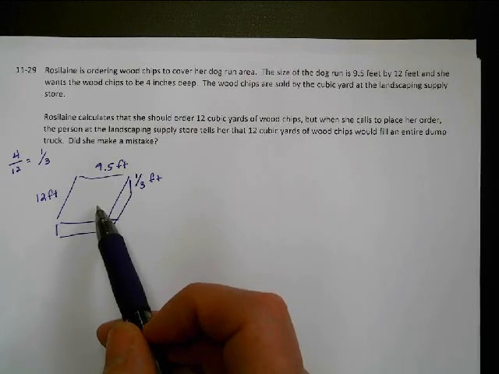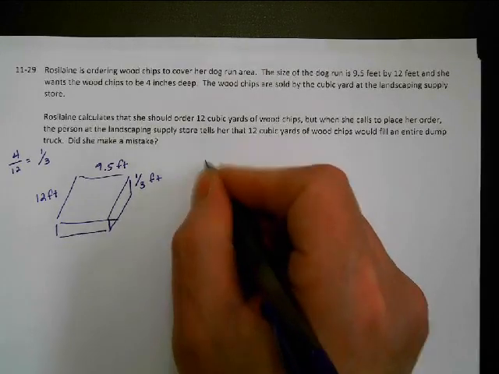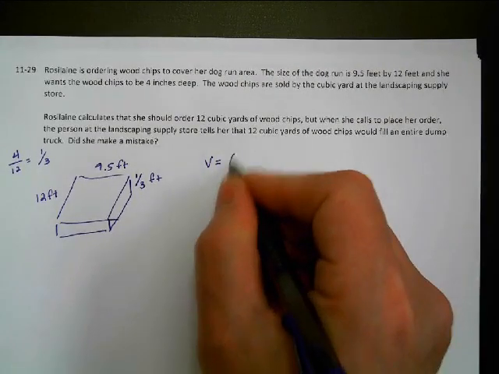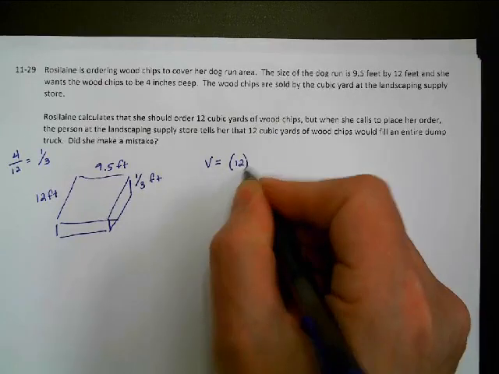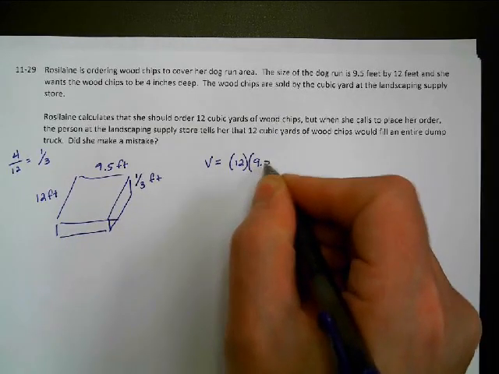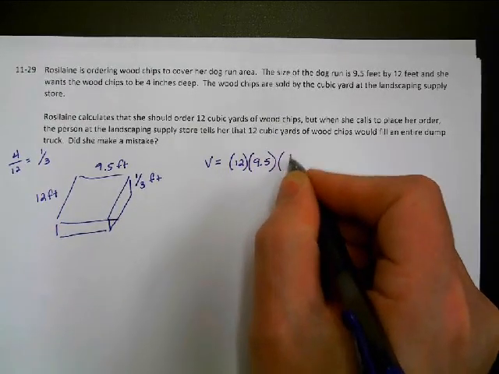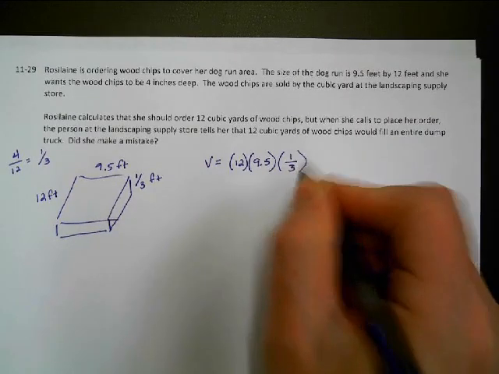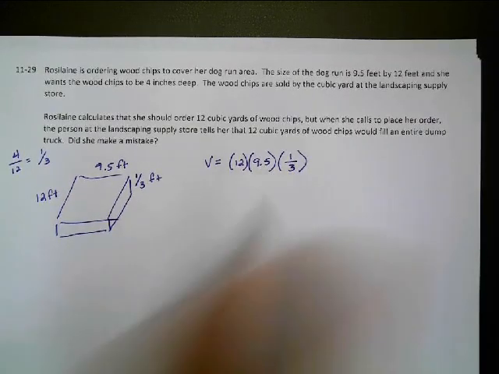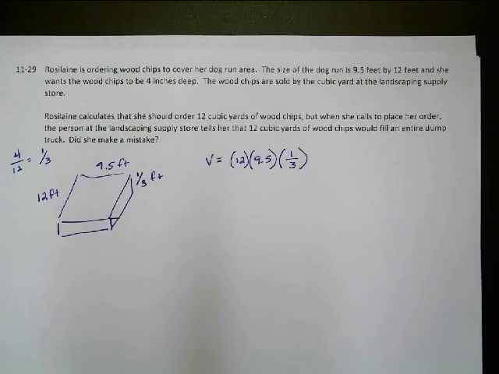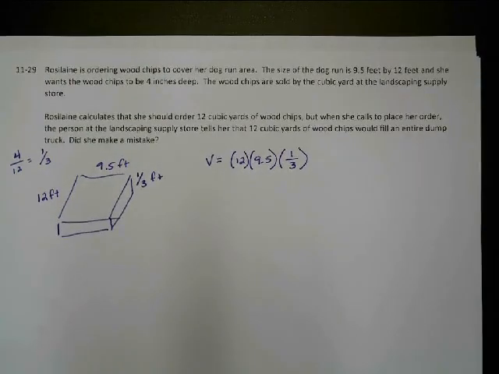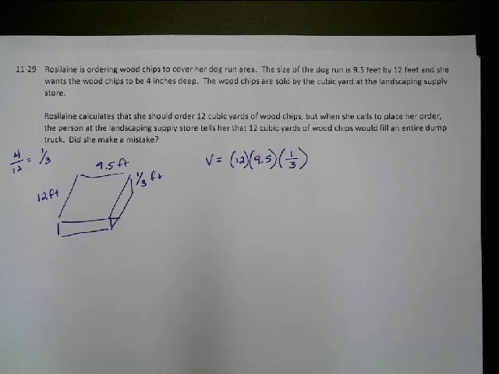So volume, we would do 12 times 9.5, that's the base area, and then times the height of 1/3 of a foot. So do 12 times 9.5 and then divide by 3.